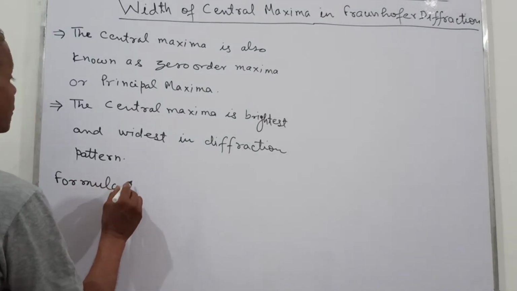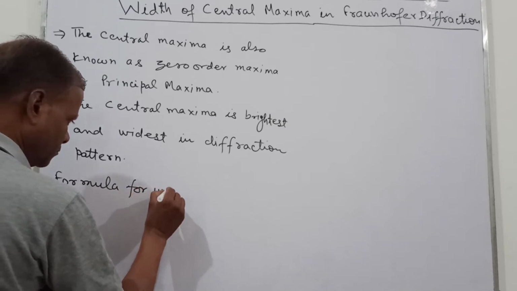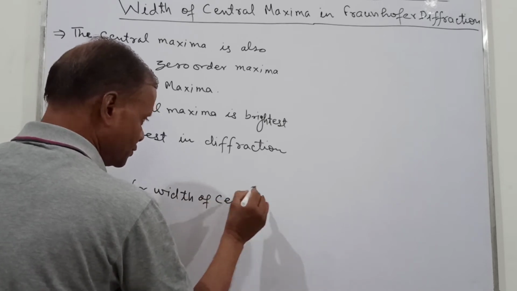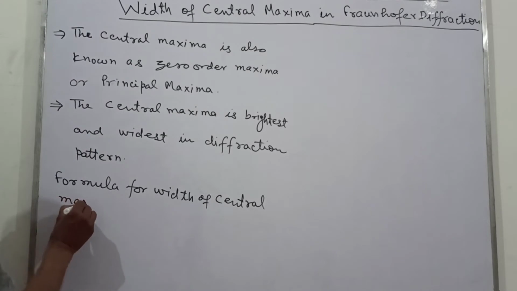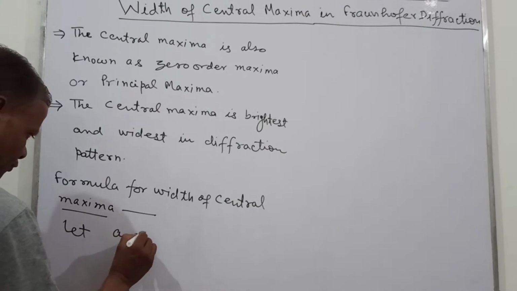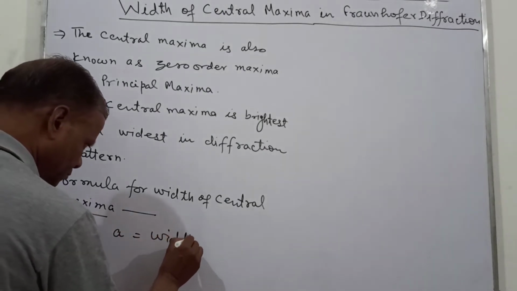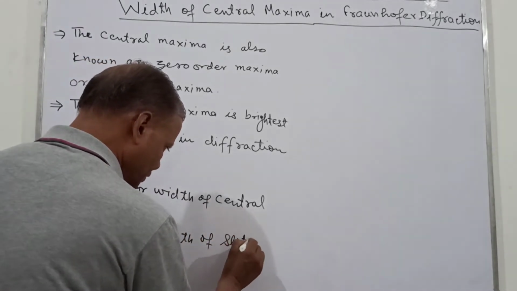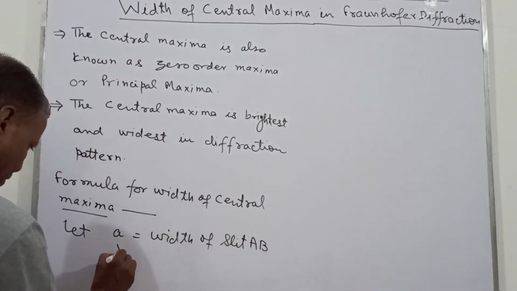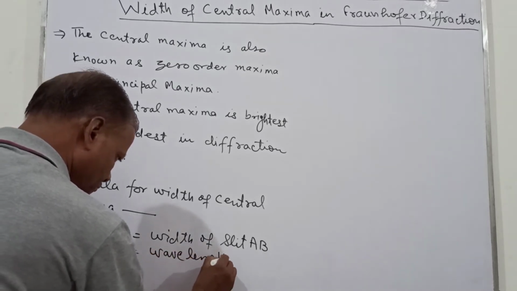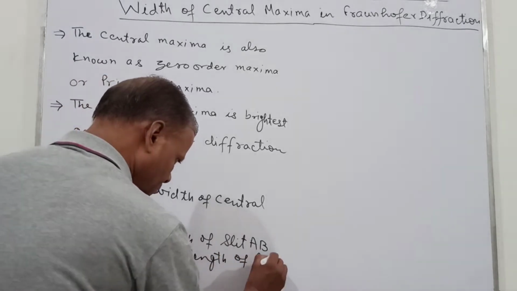So now let's find the formula for the width of the central maximum. Let a equal to width of slit AB, and lambda equal to wavelength of light.